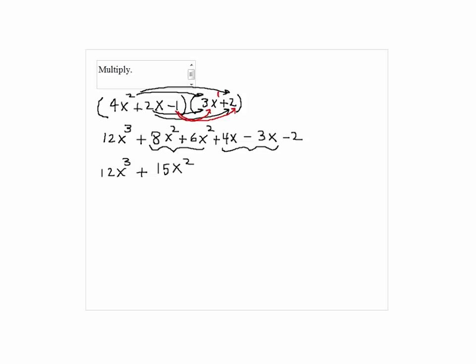We have 12x to the power of 3 plus 15x to the power of 2, 8x to the power of 2 plus 6x to the power of 2, that would be 14.